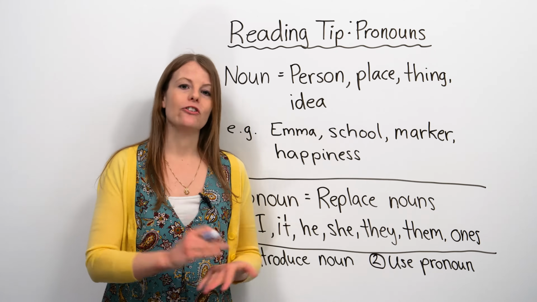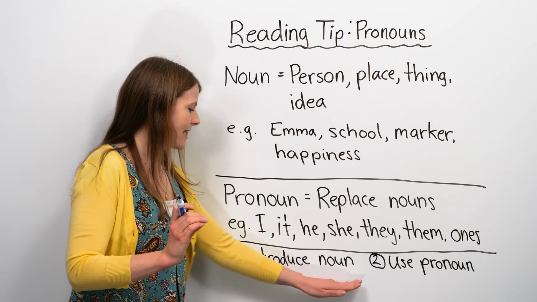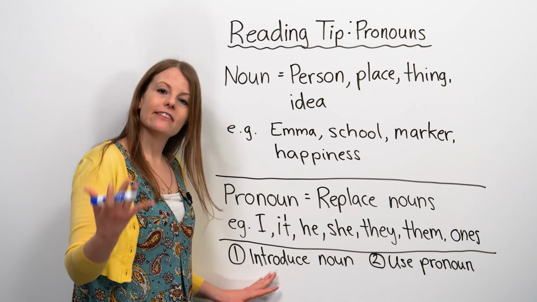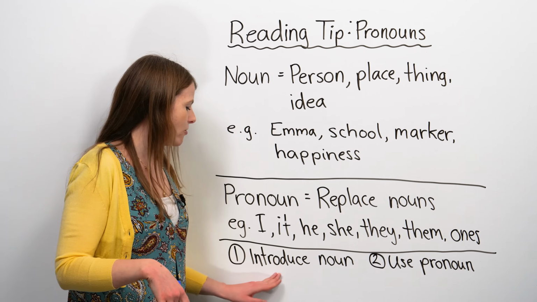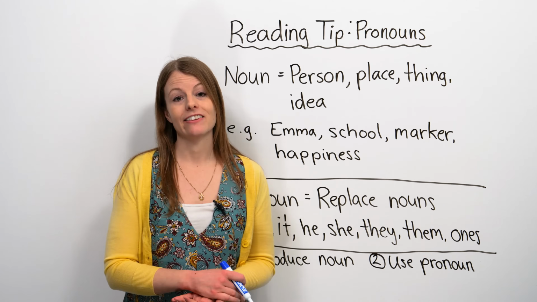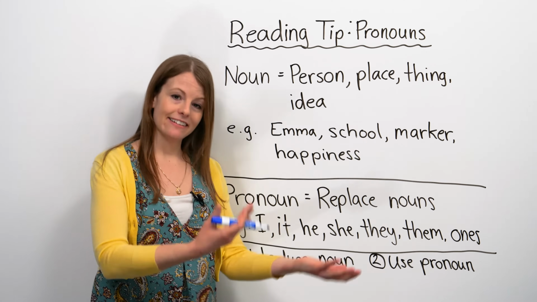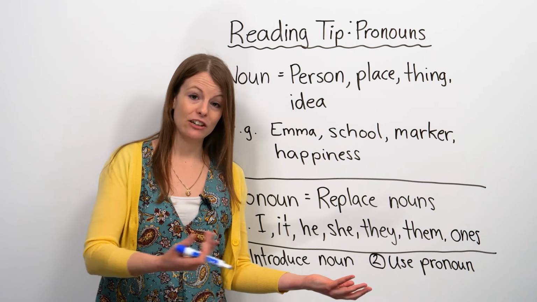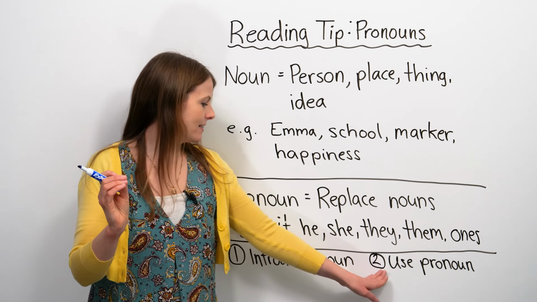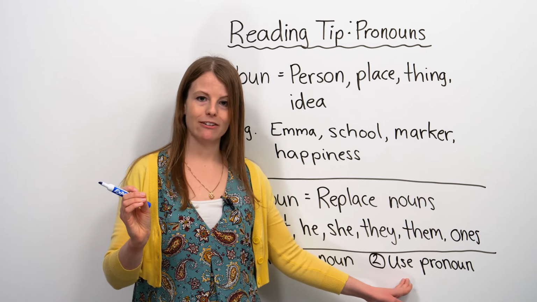So how do writers use nouns and pronouns? Well, first, when they write, they introduce a noun. So imagine I wanted to introduce the noun school. I can make a sentence. School is fun. Now in the next sentence, I'm going to use a pronoun. So these are the two steps writers use. They first use a noun and then they use a pronoun.